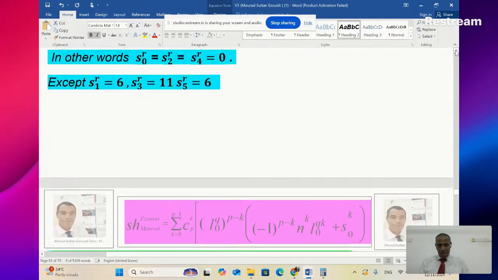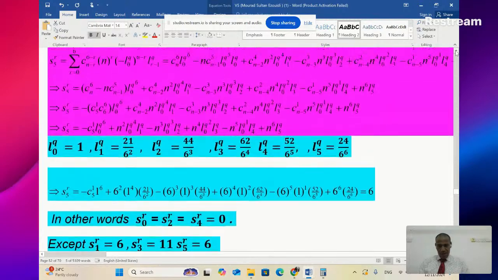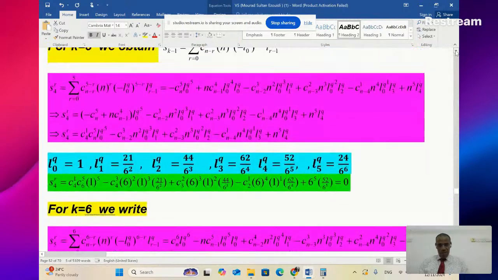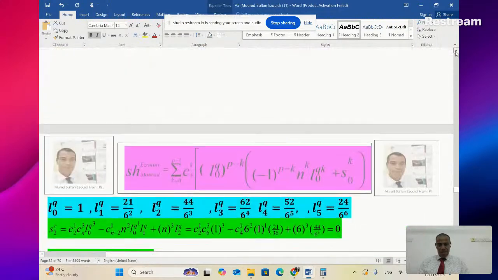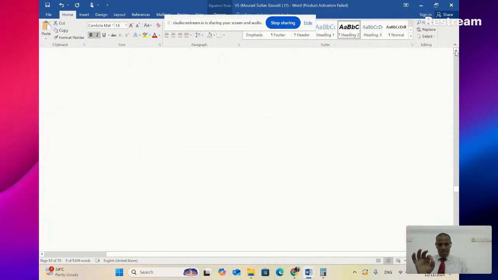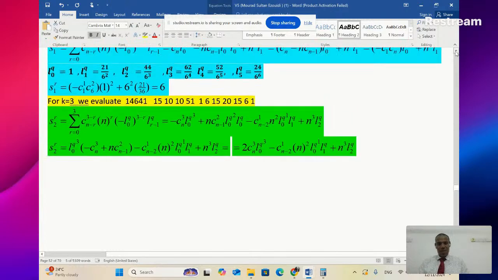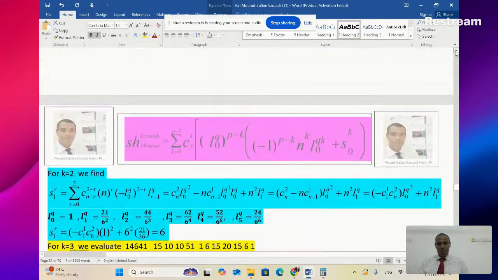This website will use graphics. Maybe he will find the solution because he's using graphics. Okay, for each special point he has to graph it and see where they intersect, and they will do the approximation.